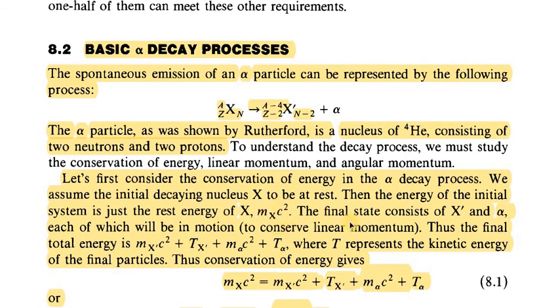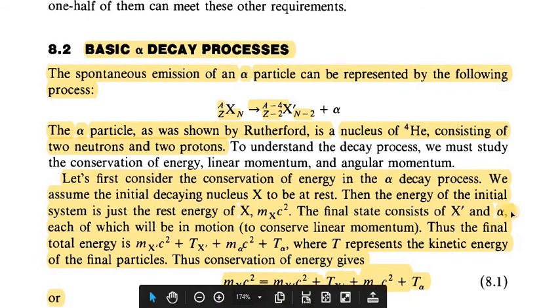The final state consists of X prime and alpha, each of which will be in motion to conserve the linear momentum. Thus, the final total energy is m_X' c square plus T_X'. This is the kinetic energy of this X prime nucleus. Then m_alpha c square plus T_alpha, where T represents the kinetic energy of the final particles.